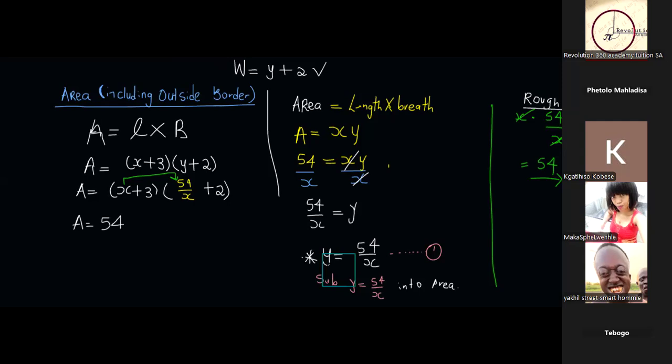So it will be x times 2. That one doesn't need explanation. It's going to be positive 2x. I hope you are following. And then after that one, we're going to multiply the inner, which is going to be 3 multiplied by what? 54 over x.